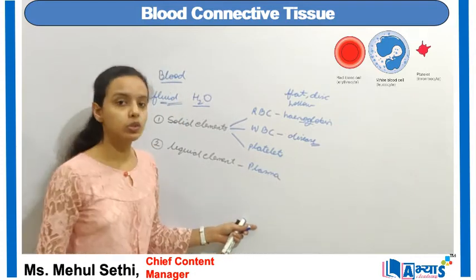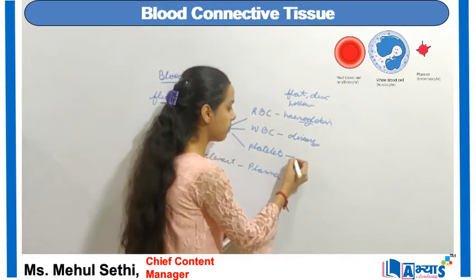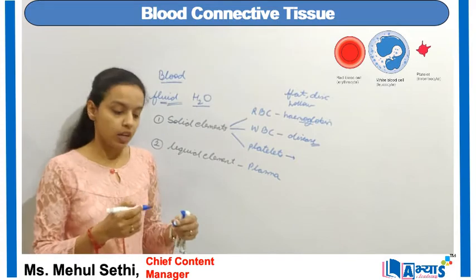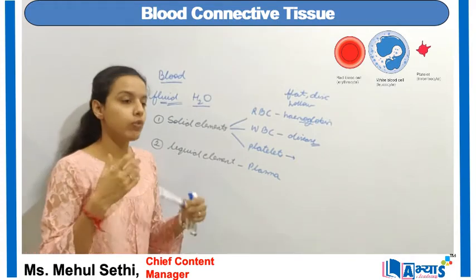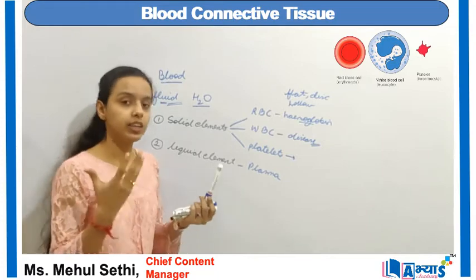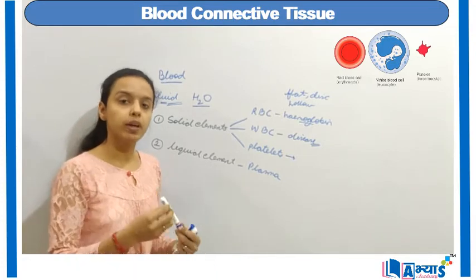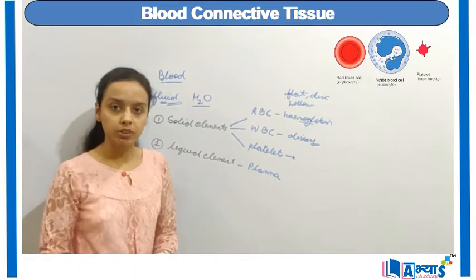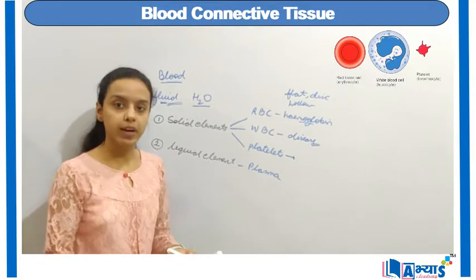When we come to the platelets, they basically help in clotting of blood. Now what is clotting? Whenever a blood vessel ruptures, or you get an injury to a blood vessel, blood comes out of the vessel.